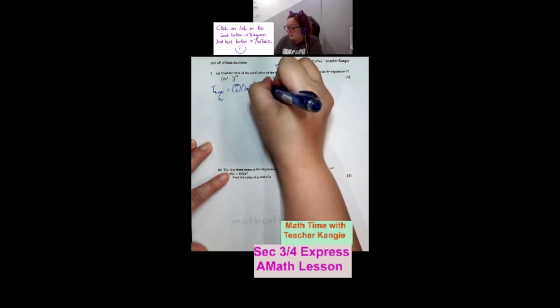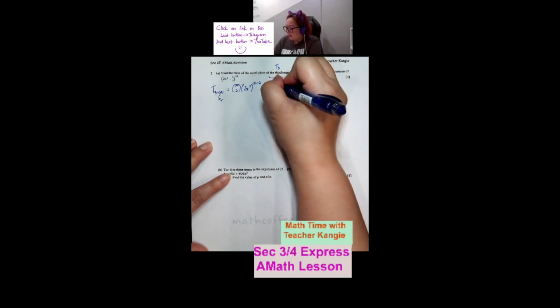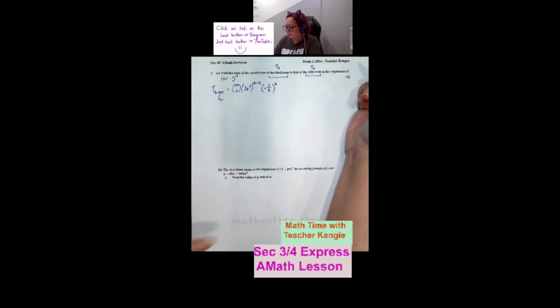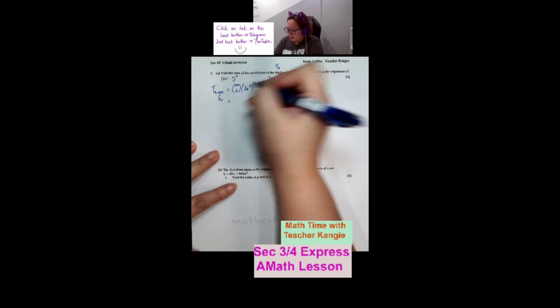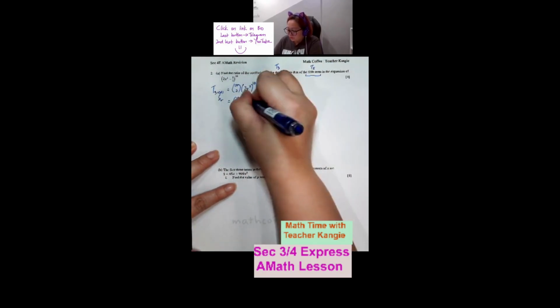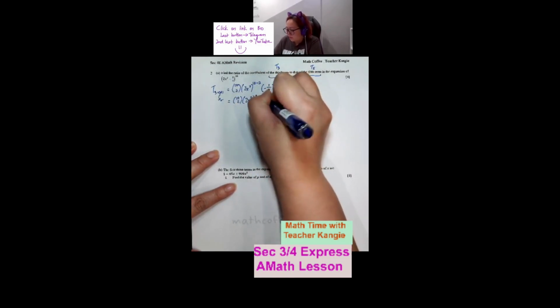B in this case is negative 1 over x. Remember to put in the negative here, to the power of r, which in my case is 2. So I will get 10C2, 2x squared to the power of 8, negative 1 over x to the power of 2.